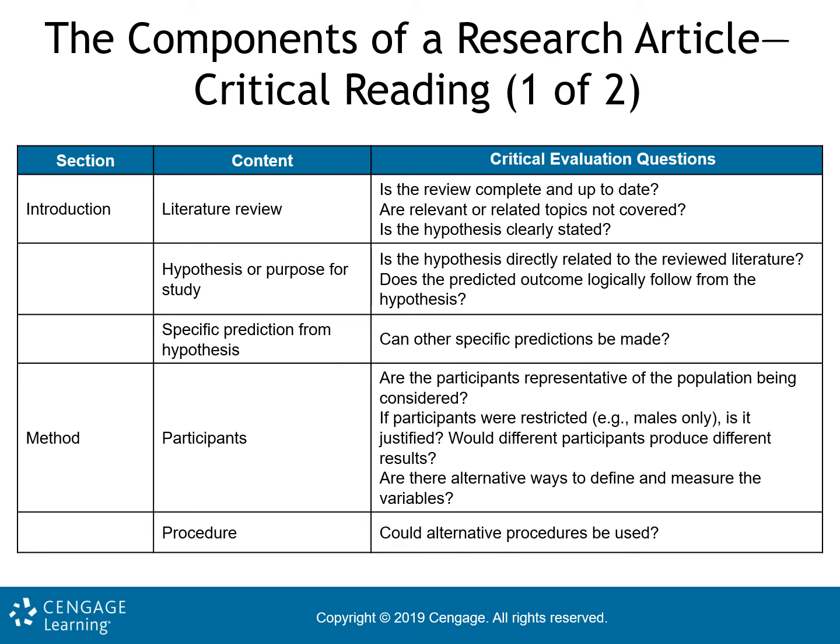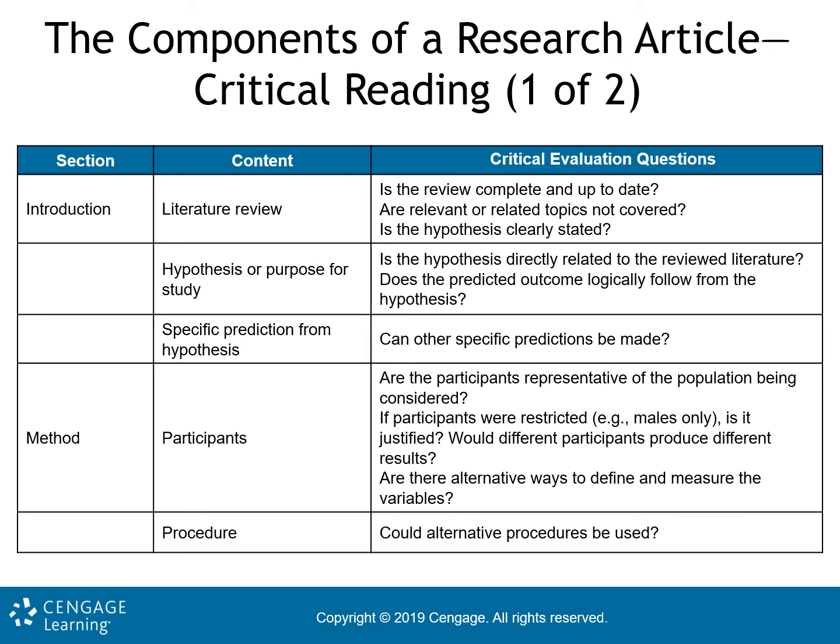Okay, so hopefully by now you're quite familiar with reading research articles. So I'm not going to go through this in detail, but if you're not really familiar, or you don't feel very comfortable about how to critically read a research article, I encourage you to pause this and review these slides very carefully to make sure that you know what you're looking for in each section of the paper.